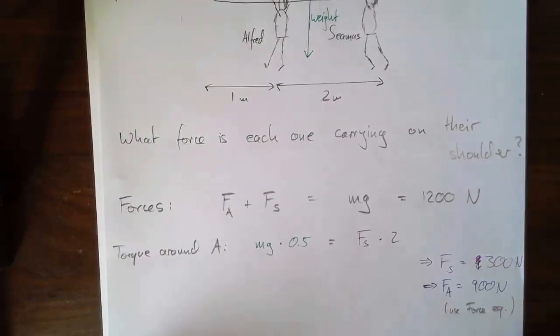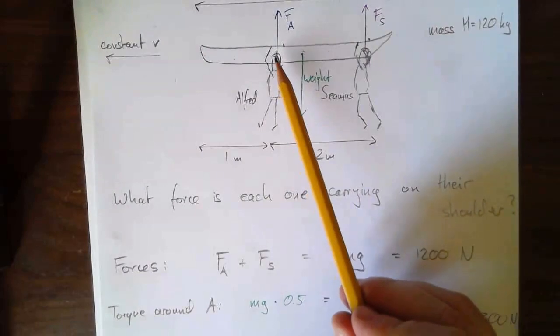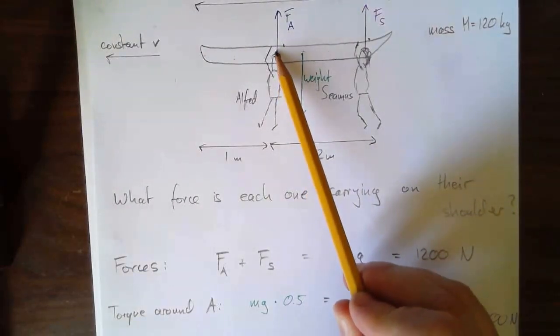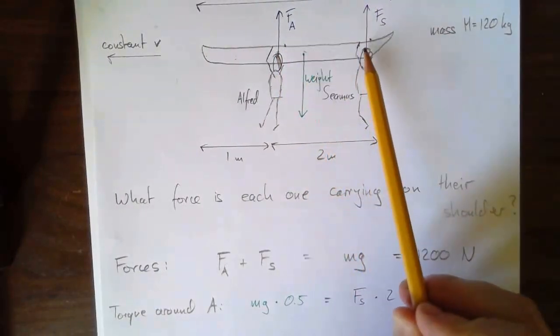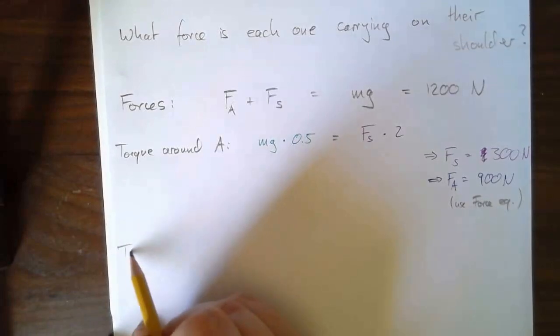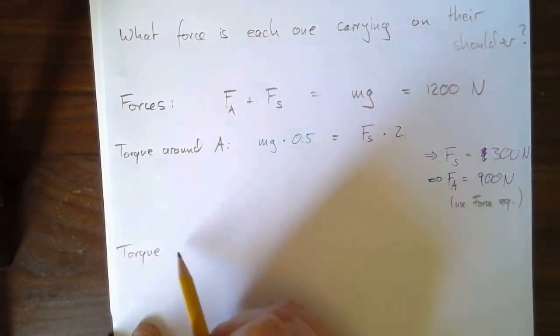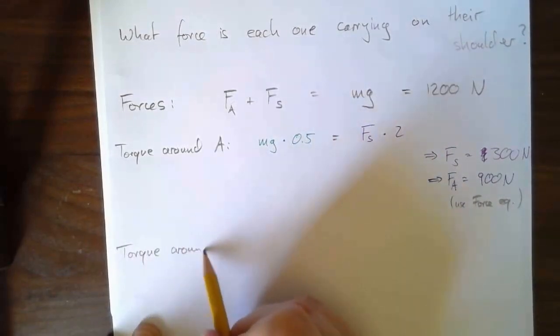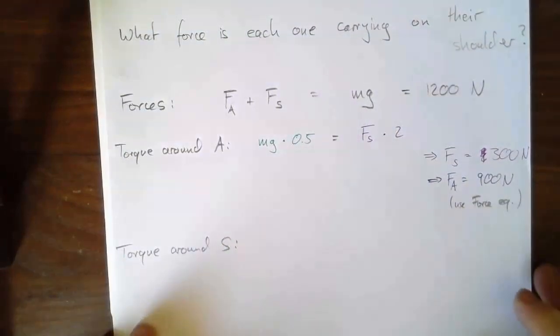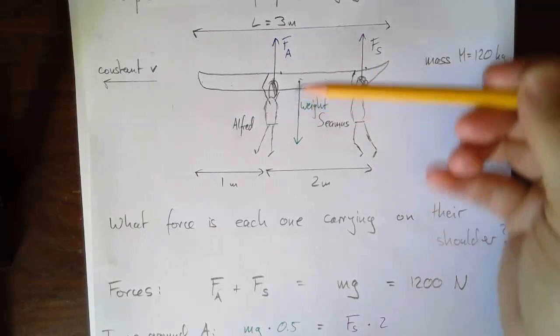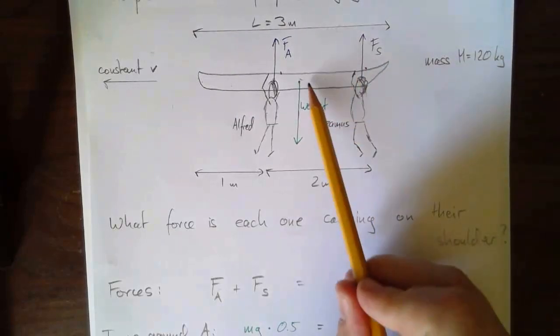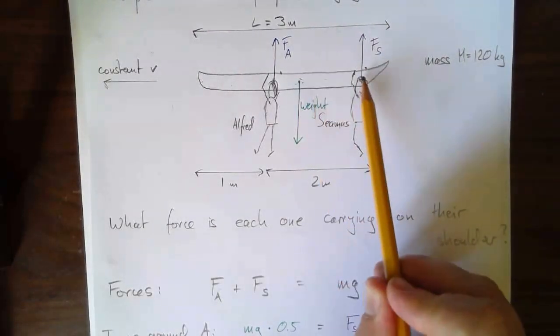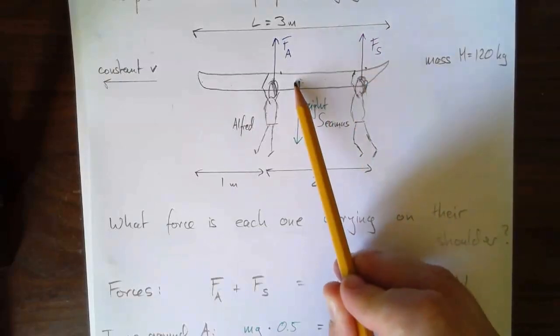That was super easy. But let's just see what happens, or what would have happened, had I not chosen this point, but say the torque around Seamus. Seamus is holding on. So torque around S, just so we see what happens. Well, torque around Seamus, the weight is down, and the distance is 1.5 meters from this hypothetical pivot.